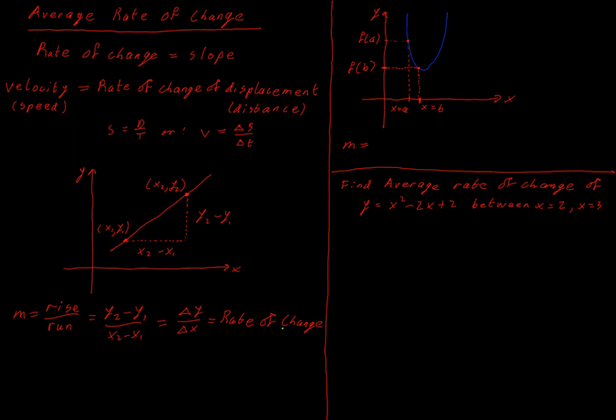The next thing I want to talk about is how we can write the normal slope function, y2 minus y1 all over x2 minus x1, in function notation. By function notation, I mean instead of writing y1 and y2, we are going to write f of a or f of b, where a and b are different values for x.